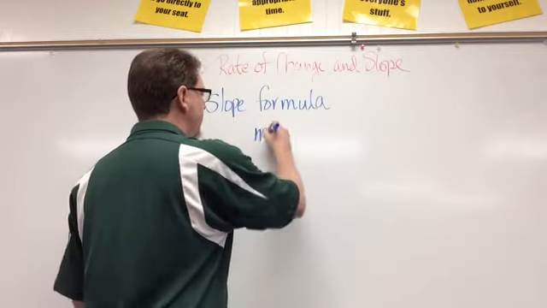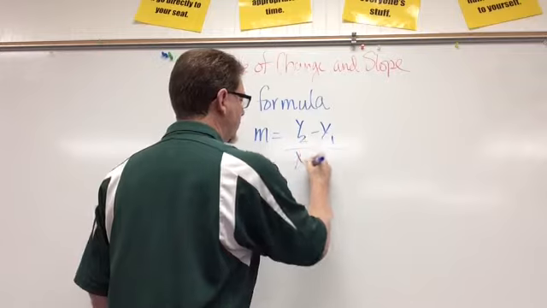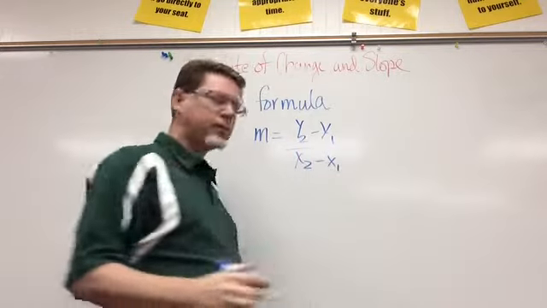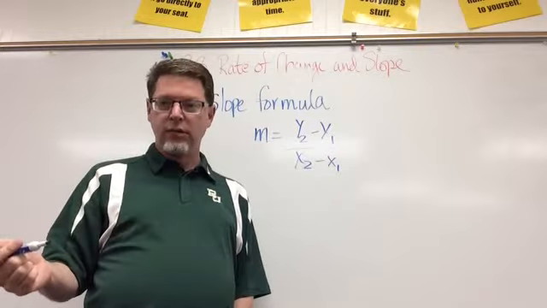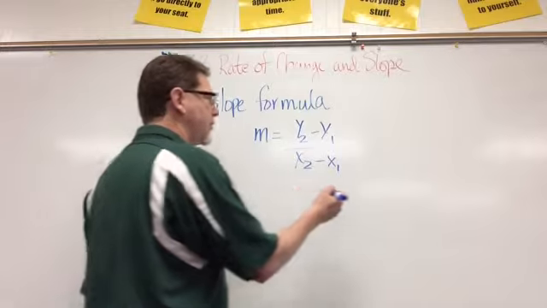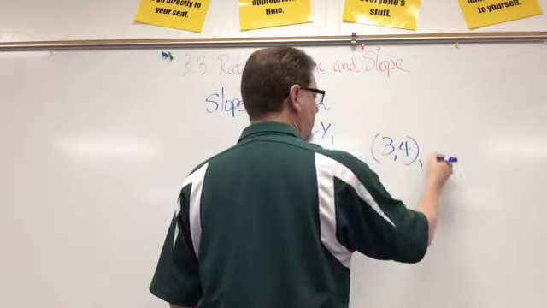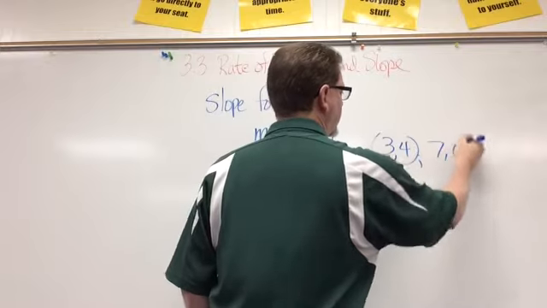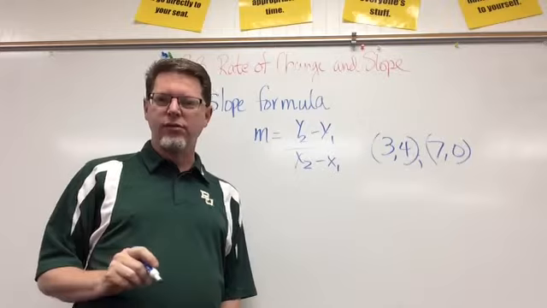And the slope formula is m equals y2 minus y1 over x2 minus x1. The 2's and the 1's are subscripts, so they're just identifiers. They don't mean anything else except identifiers being consistent. So let's say I'm given the points 3, 4 and 7, 0. And I need to find the slope of the line that's drawn between those 2 points.